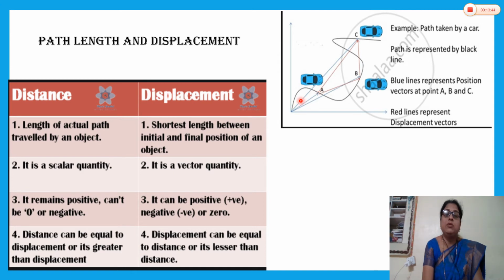Suppose here point origin is O, and up to point C the blue line vector OC gives the displacement. If we want to find the position from point B to C, the vector BC gives the displacement. From A to B, the vector AB gives the displacement. But the actual path we have to measure by the total distance covered. So that is about the path length and displacement.